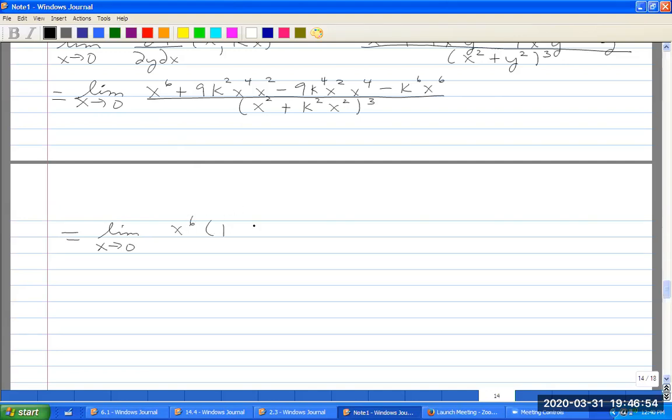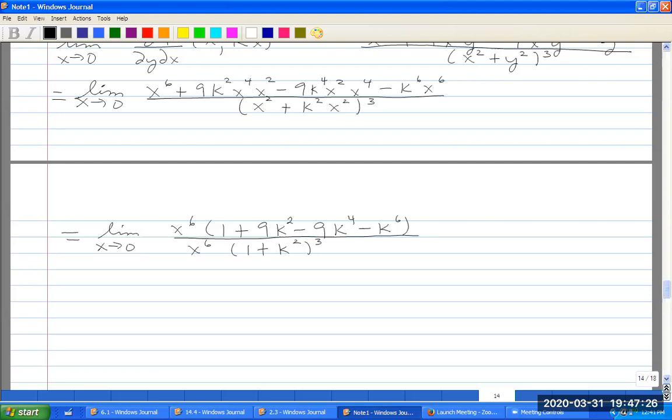What remains is 1 plus 9k minus 9k squared minus 9k to the 4 minus k to the 6 over, factor out x squared, so it's x to the 6, 1 plus k squared cubed.